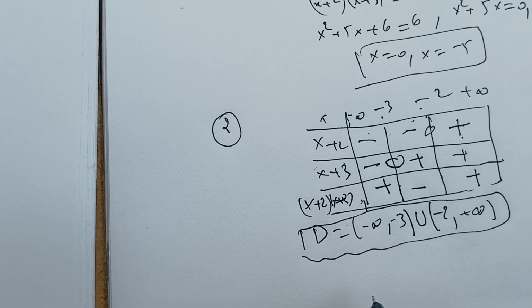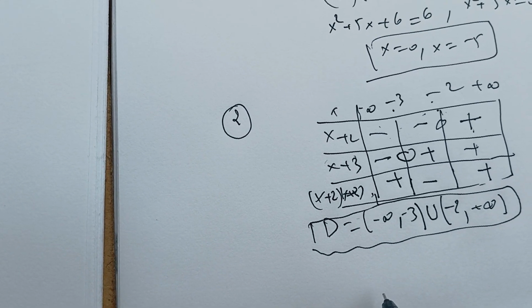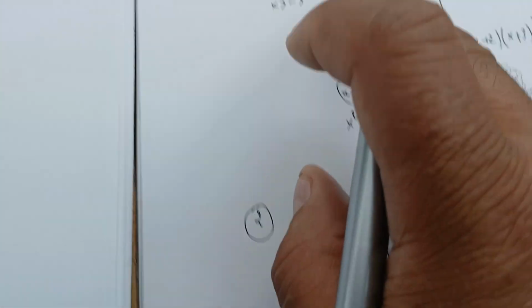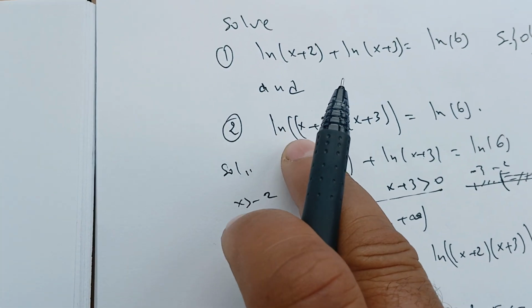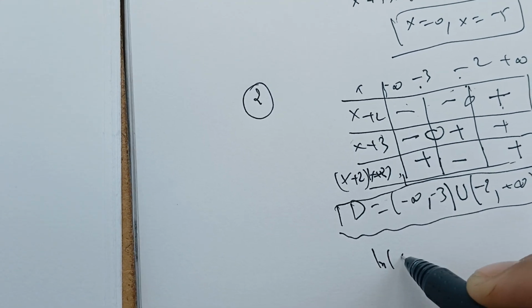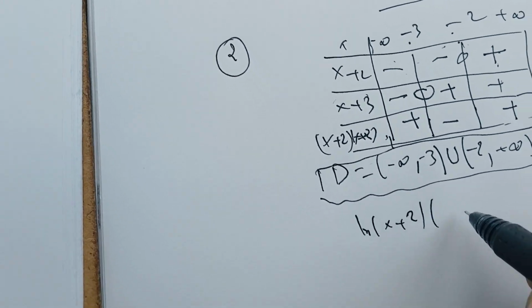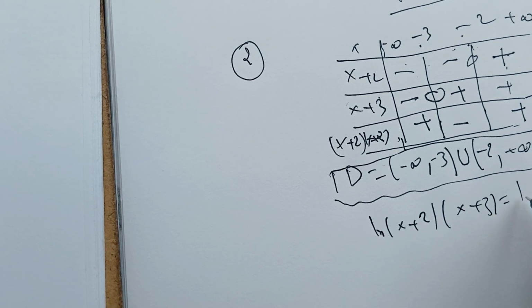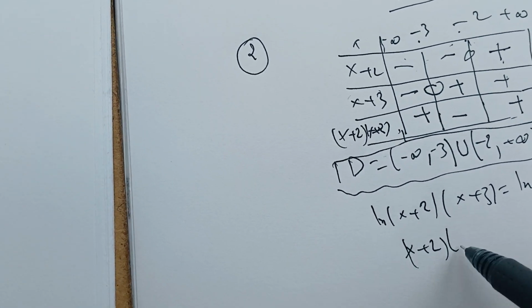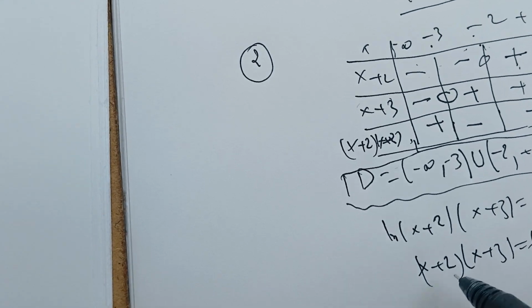Assuming that x belongs to this domain for the second equation, we have ln of (x plus 2) times (x plus 3) equals ln of 6, which gives (x plus 2) times (x plus 3) equals 6.